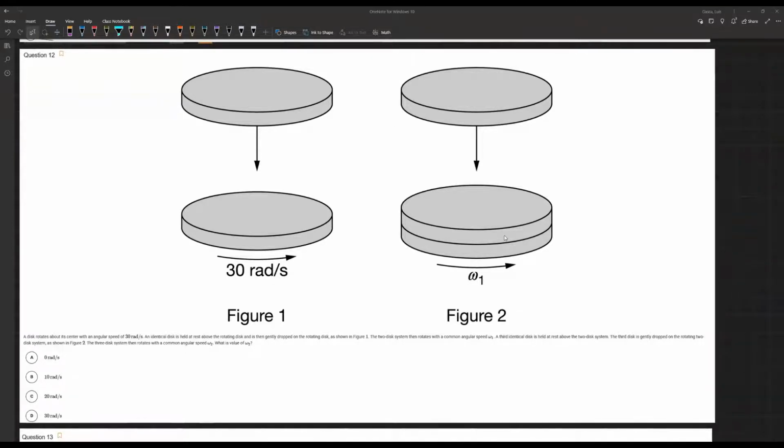Okay, so hopefully we recognize that if angular momentum is conserved, then all we're really doing is changing the rotational inertia here, which is going to cause this change in velocity. In this case, the rotational inertia of the two disks is really 2 times the original rotational inertia of this guy.